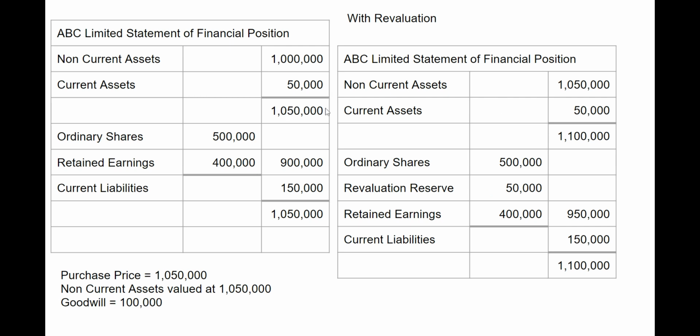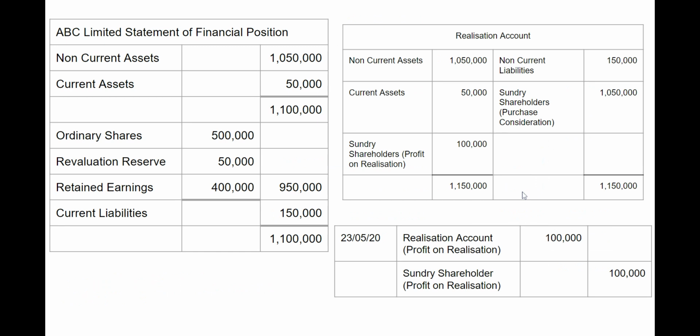So if we're going to do that, then we would have an adjusted statement of financial position. Okay, and we need to create a revaluation reserve. And the change in the realisation account is that the value of the non-current assets will be higher, and the amount of profit on the realisation will now only be equal to the goodwill element.